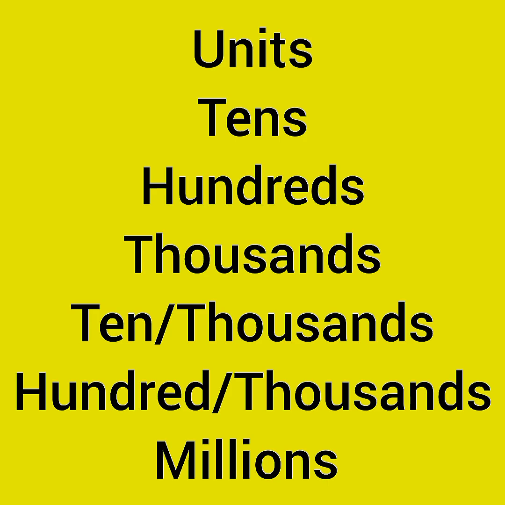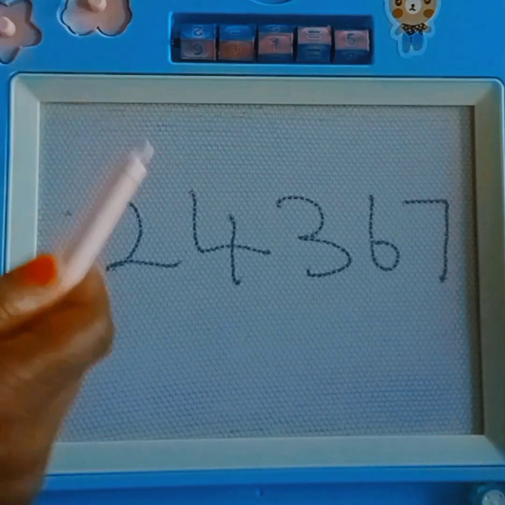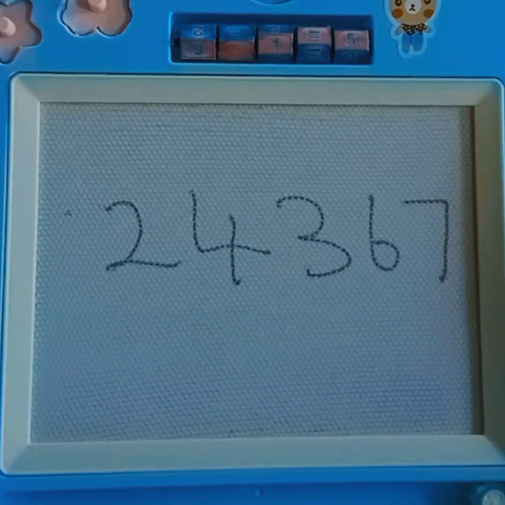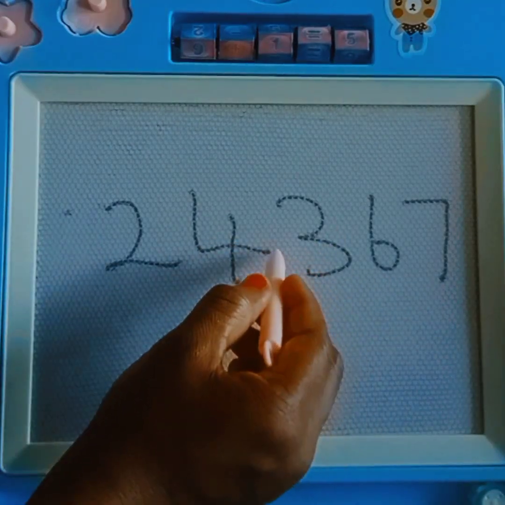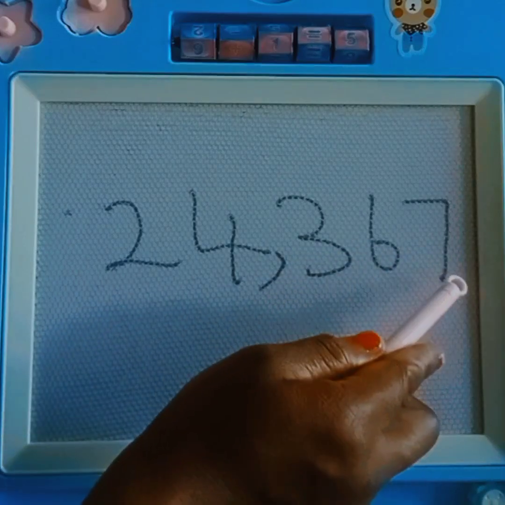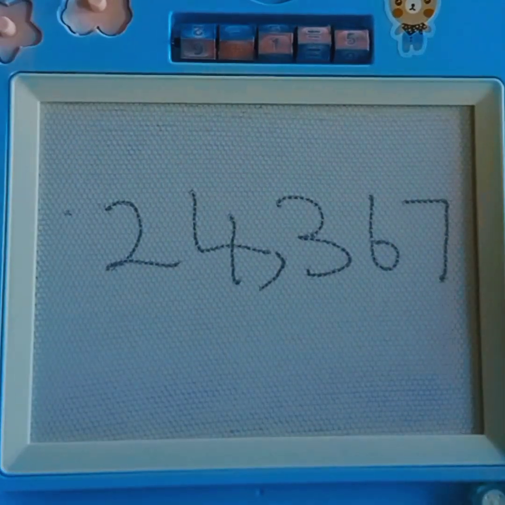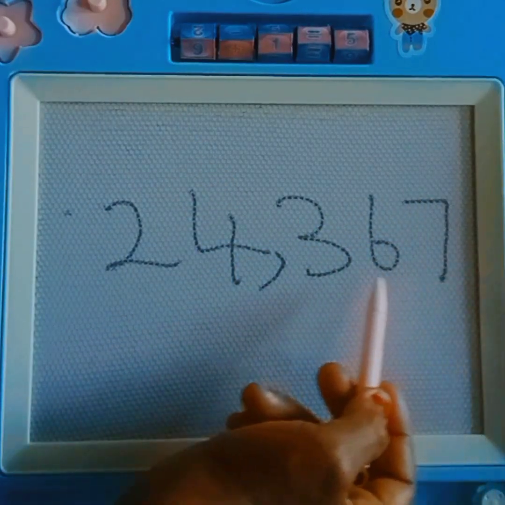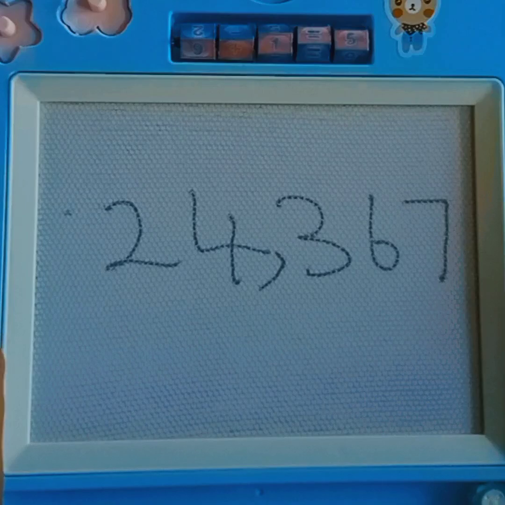So with this song, let's use it to put a place value on this number. This number here is 24,367. So to put a place value on it with this song, you have to start from the last digit and work your way up.